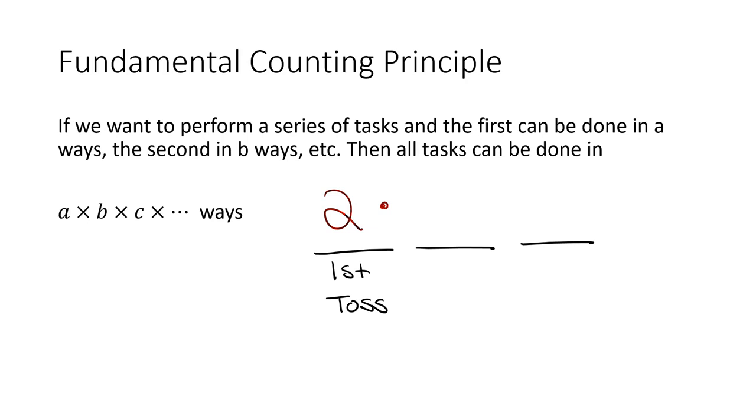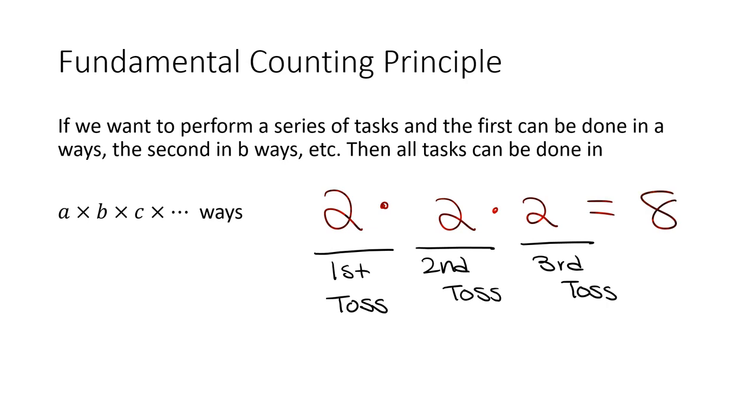So one way we can get the answer, how many outcomes are there, is we can break this down into 3 different things. First toss, there's 2 different possibilities. We could get heads or tails. Second coin toss, again, there's 2 possibilities. We could get heads or tails. And the same is true for the third toss.